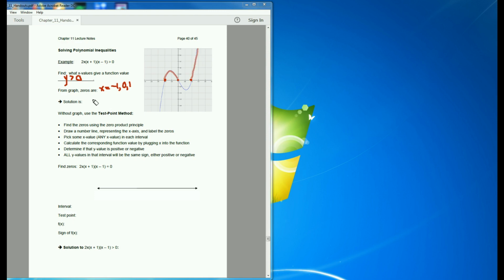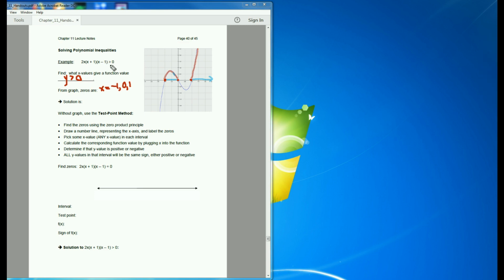But the solution, remember, we have to quote in terms of the x values. Which x values give us those y values that are greater than 0? Well, the x's from here to here will give us that positive y output. And the x's from here on up will give us a positive y output.